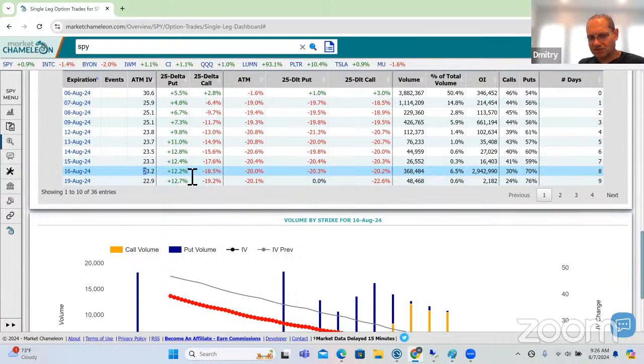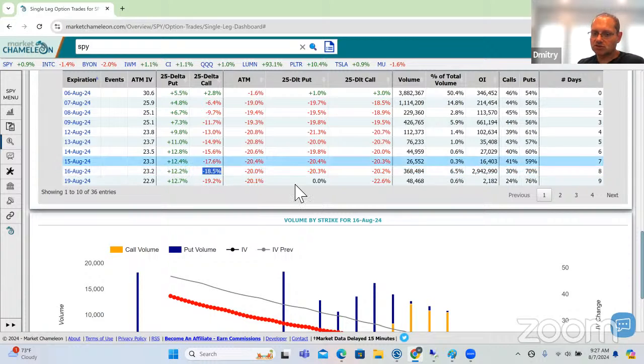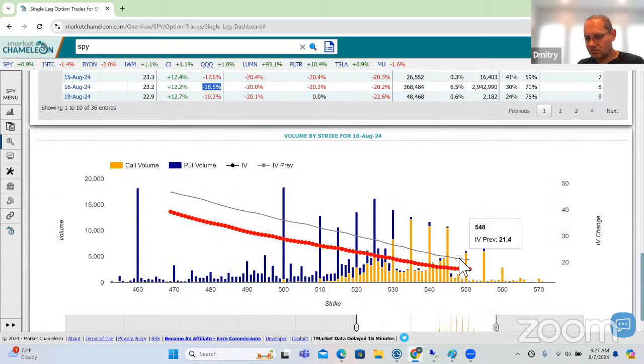So we get a sense that most likely the implied volatility curve is sloping up to the downside strikes and sloping down to the upside strikes, which we could see here graphically too.